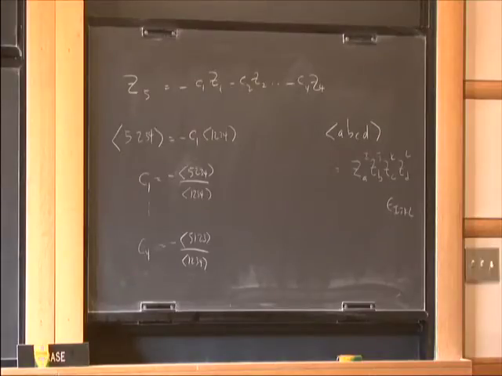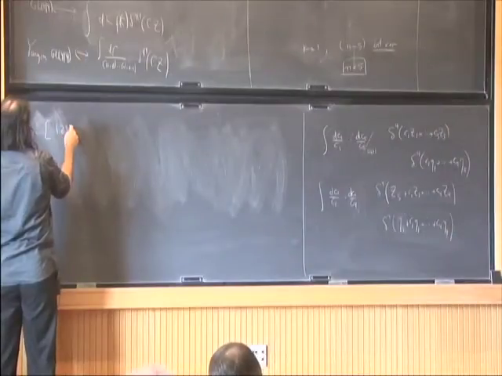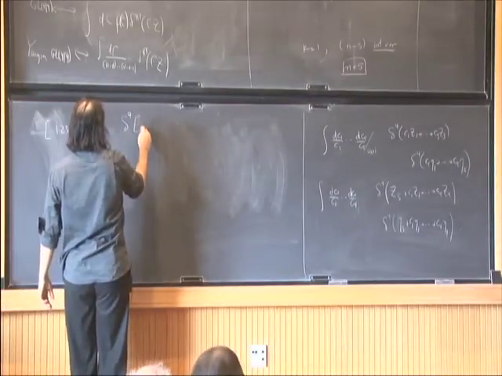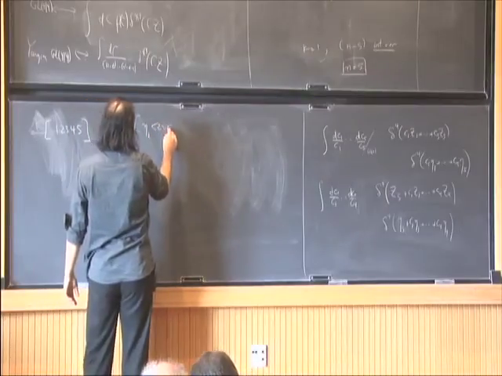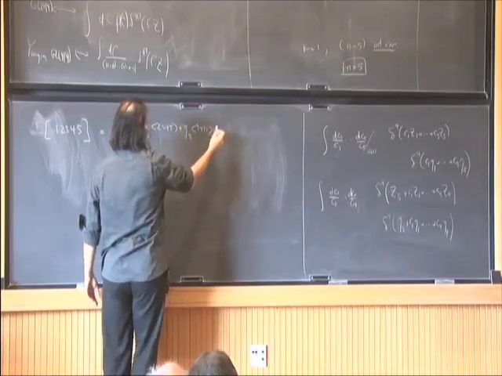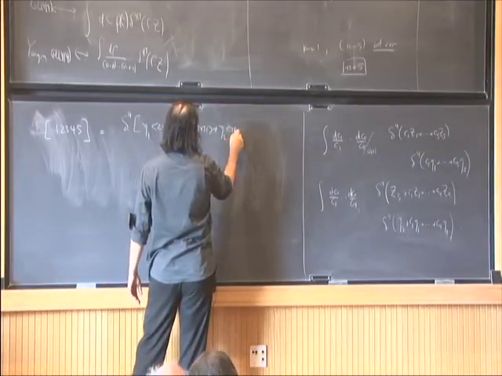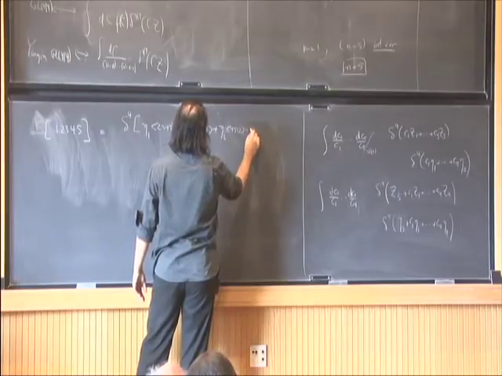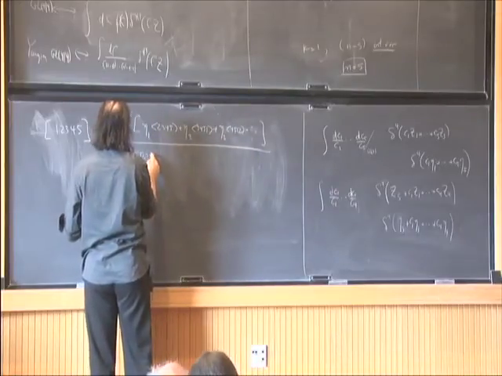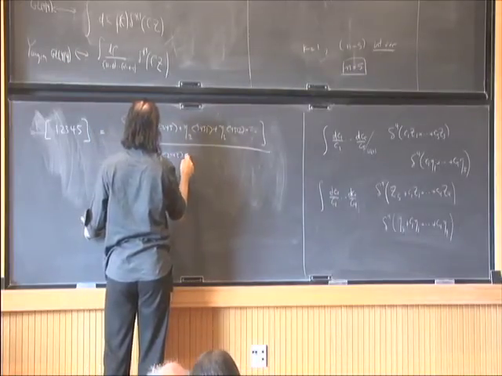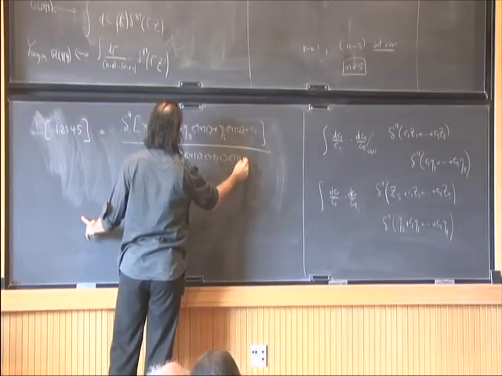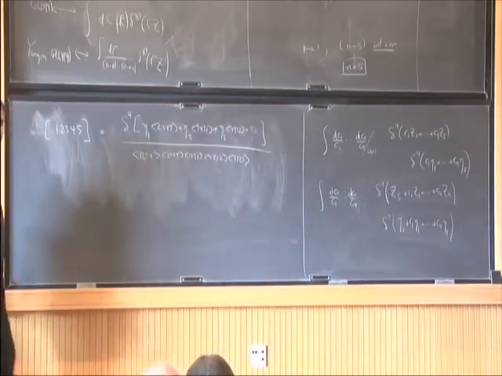The answer is something that we denote as [1 2 3 4 5], which is delta^4 of eta 1 (2 3 4 5) plus eta 2 (3 4 5 1) plus, continuing cyclically, eta 3 (4 5 1 2), over (1 2 3 4)(2 3 4 5)(3 4 5 1)(4 5 1 2)(5 1 2 3). That's what we get.